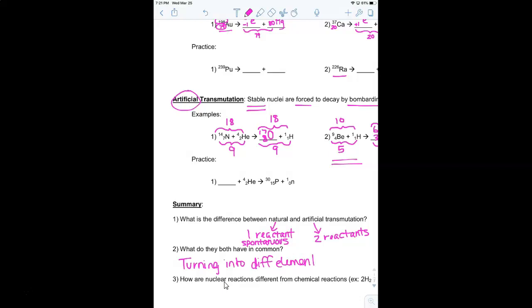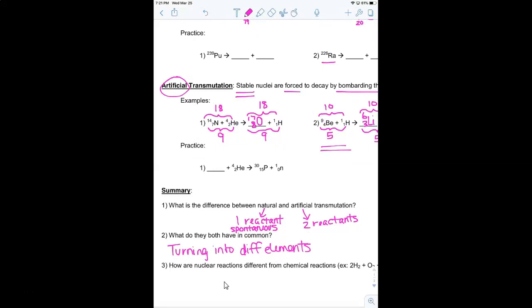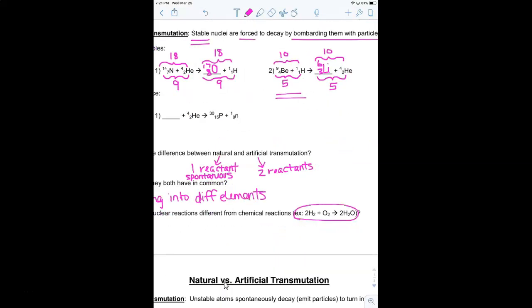Okay, which really leads us into this last question, guys. I want to know how nuclear reactions are different from chemical reactions. This is an example of a chemical reaction. Do you see the same elements on both sides of these arrows or different? You absolutely see the same elements. You see hydrogen and oxygen on both sides of the arrow.